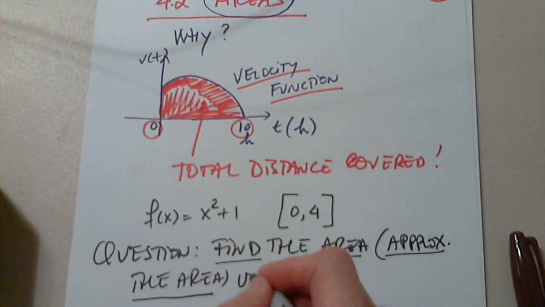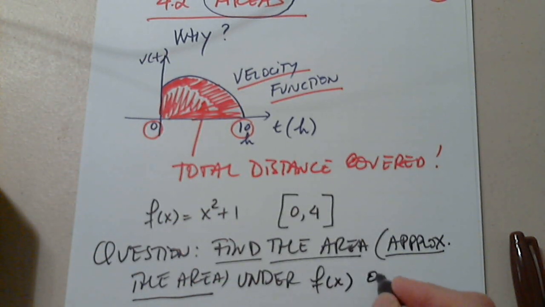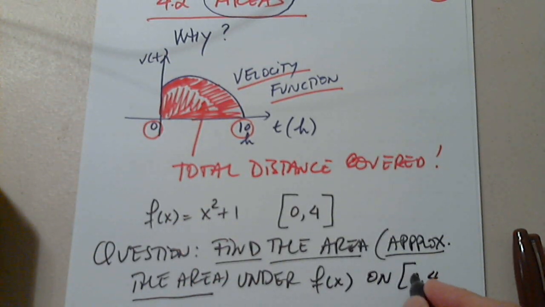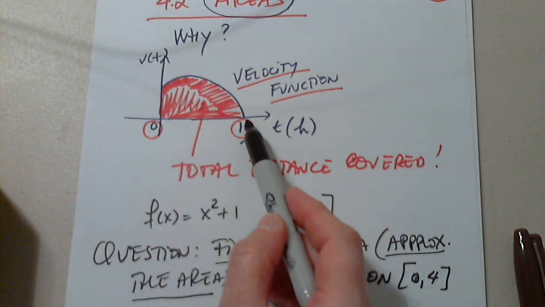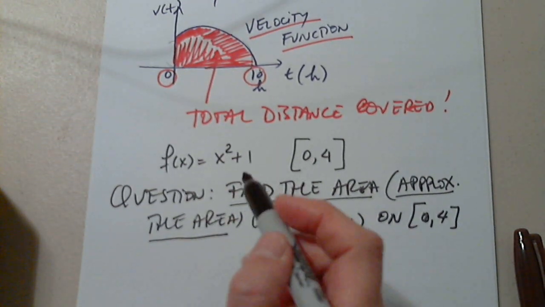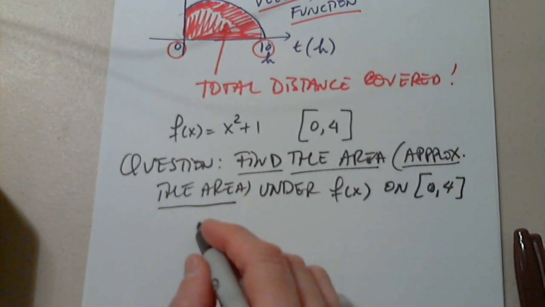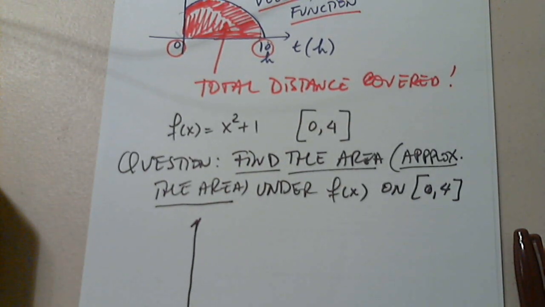Find the area under f of x on 0, 4. Find the area under this function between 0 and 4. Just find the area. Well, I'm going to graph it. Here's the graph. If you remember, this is x squared, but I have to move 1 up.